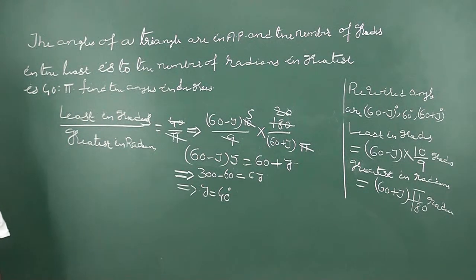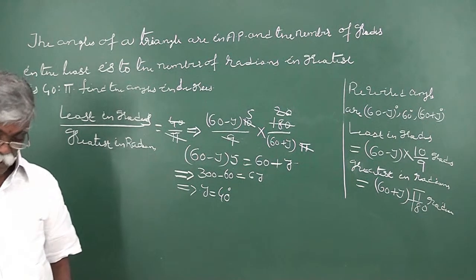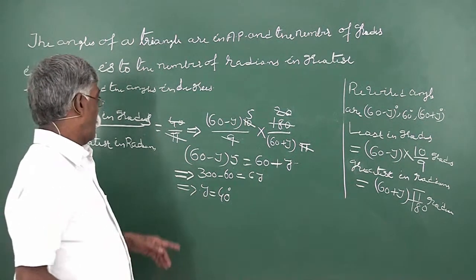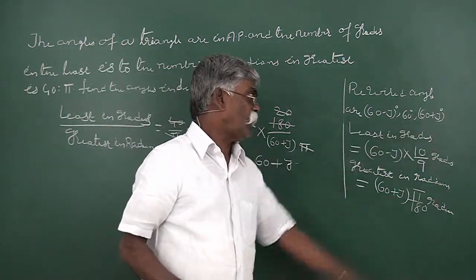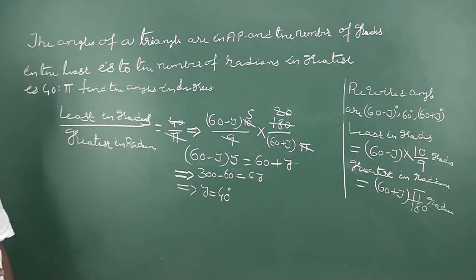Because x and y, all these things are in degrees, therefore y is equal to 40 degrees, and thereby the angles 60 minus y, 60 and 60 plus y becomes 60 minus y is 20, and then the next angle is 40, and the third is 80 degrees.